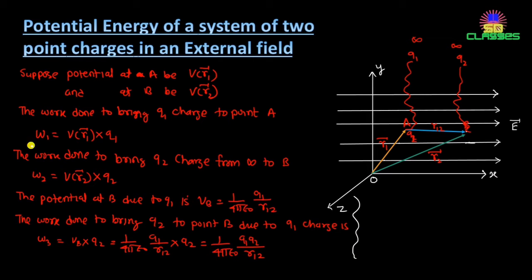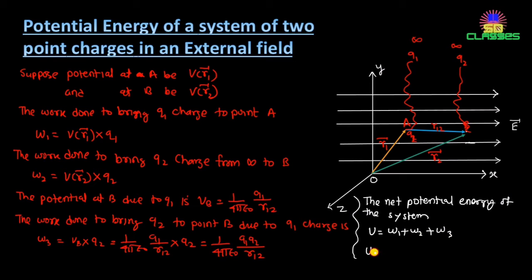So these are the three kinds of work that we have done to bring q1 and q2 charge inside an external field. So the total net potential energy of this system will be U, the sum of W1 plus W2 plus W3.